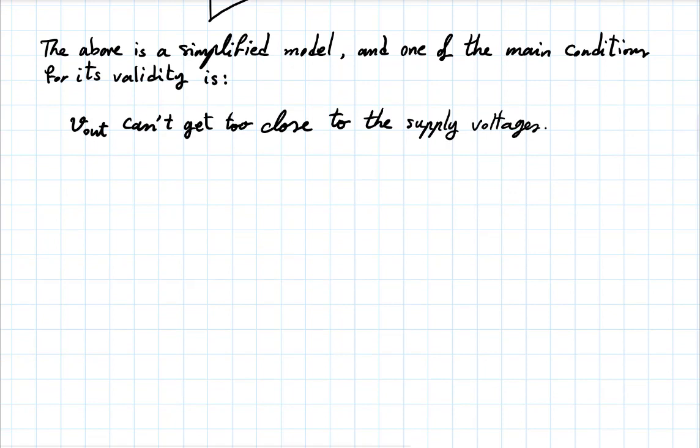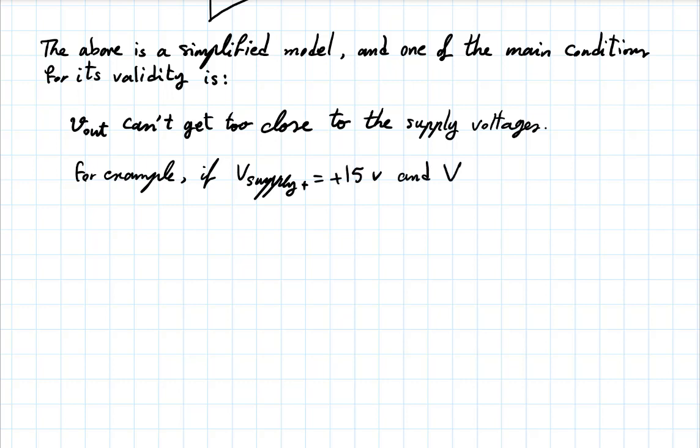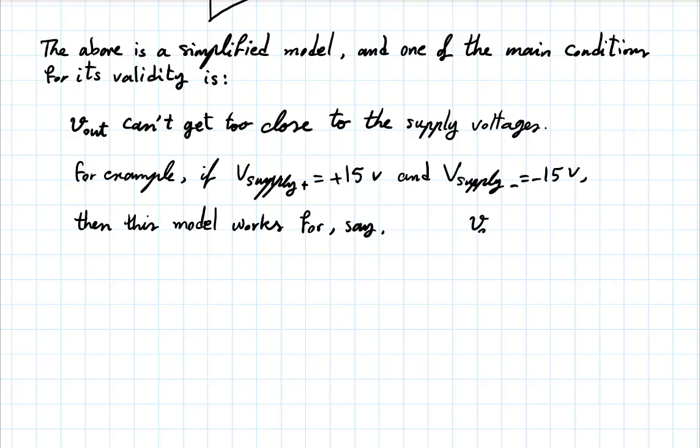So, for example, if, let's say, V supply plus is 15 volts and V supply minus is minus 15 volts, then this model works for, say, as long as Vout is maybe between minus 13 volts and plus 13 volts.